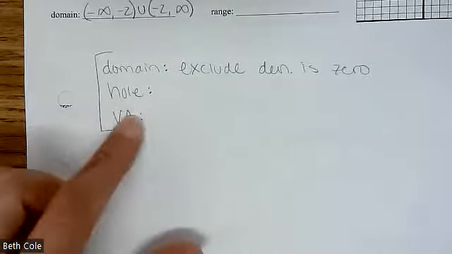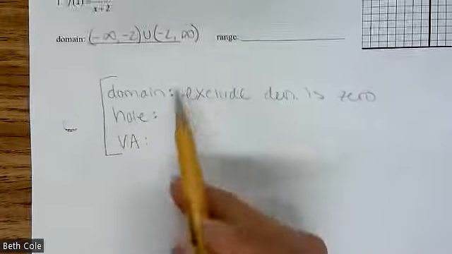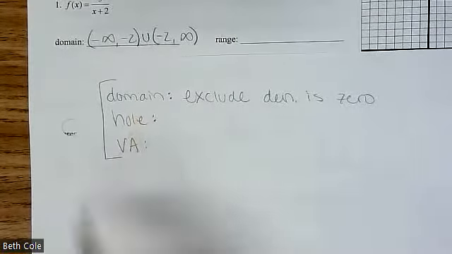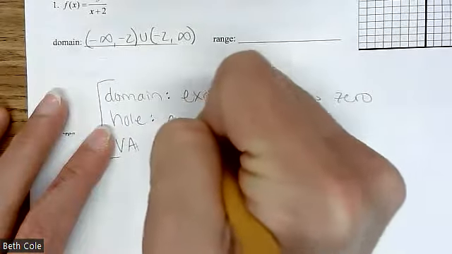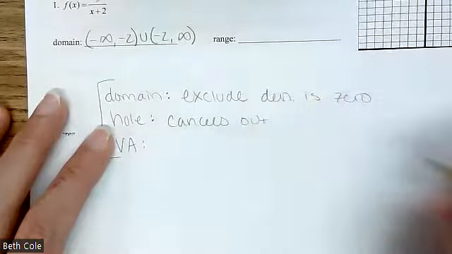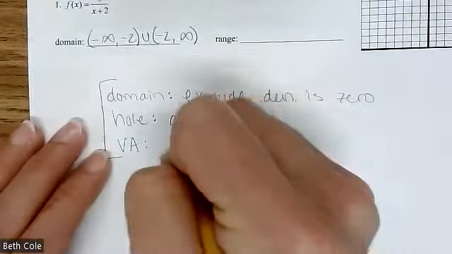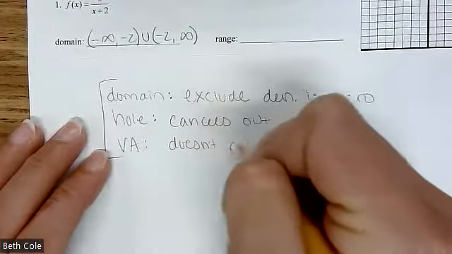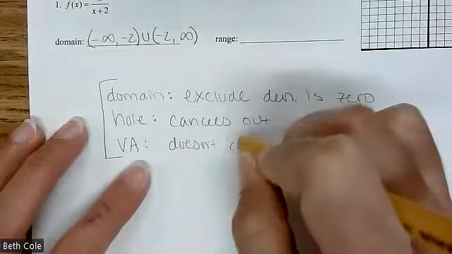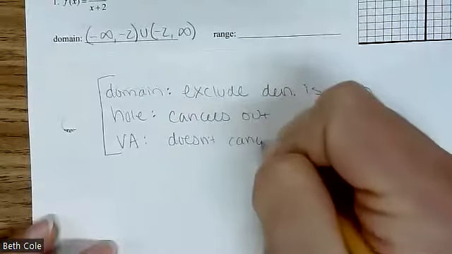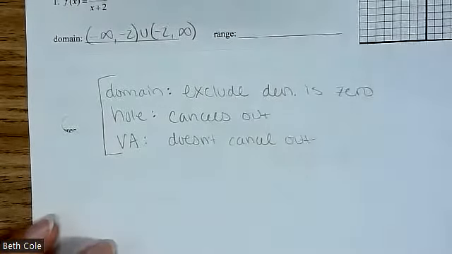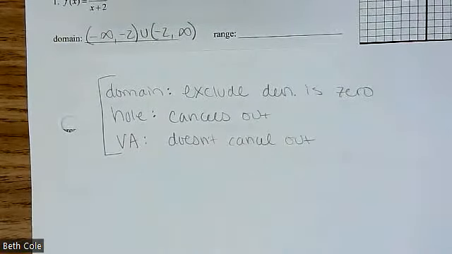They can be a hole or they can be a vertical asymptote. So this -2 that we kicked out, it can be one of those 2 things. How do we tell the difference? If something cancels out, then it becomes a hole. And if it doesn't cancel out, then it's going to be a vertical asymptote.